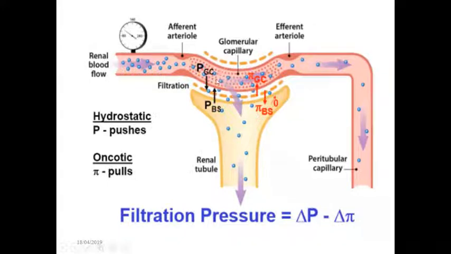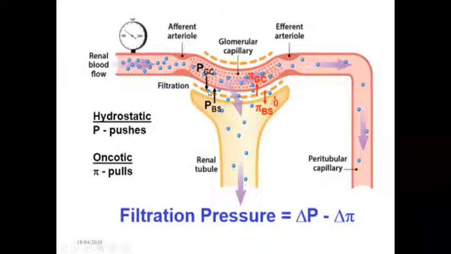That will build up hydrostatic pressure, and that hydrostatic pressure is going to force things to be filtered across the filtration membrane. So we have hydrostatic pressure in the glomerular capillaries. This is a major force that will now move substances across the glomerular membrane.